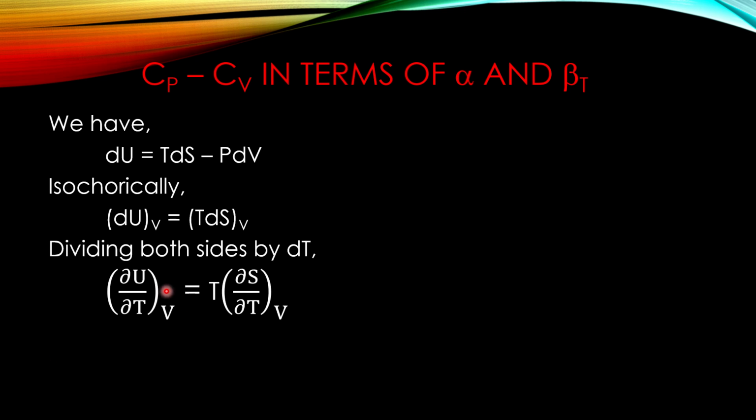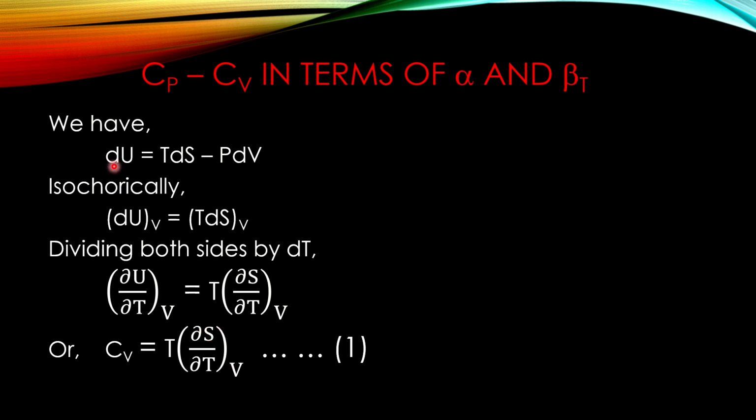Since it is a partial condition, that is, volume is kept constant, this dU is written as del U. So del U by del T at constant V, and here this dS becomes del S by del T at constant V. Now, we know this is actually Cv. So Cv has the expression in terms of entropy, which is equal to T into del S by del T at constant V. So we get the expression of heat capacity at constant volume as a function of entropy.